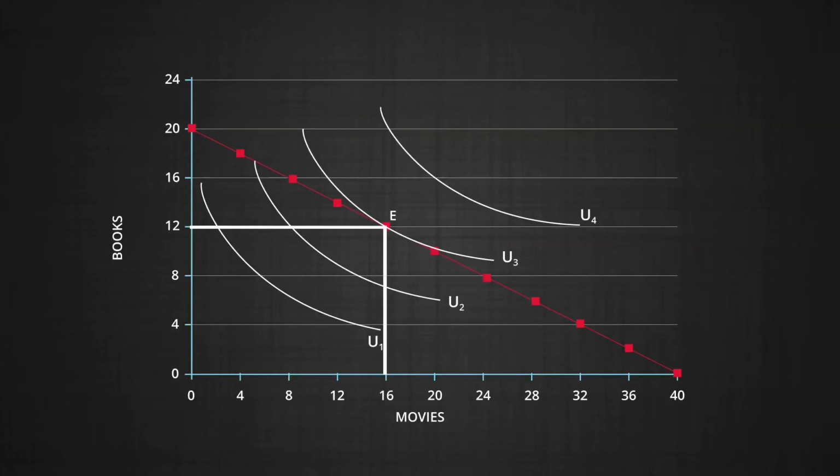Recall that the slope of the budget line is the ratio of prices of the commodity on the x-axis to that on the y-axis, and the slope of the indifference curve is the marginal rate of substitution. Thus, at equilibrium, the marginal rate of substitution between x and y equals the ratio of px to py.